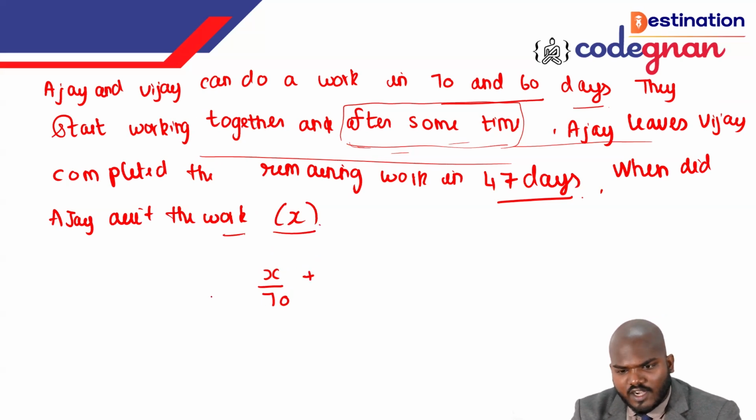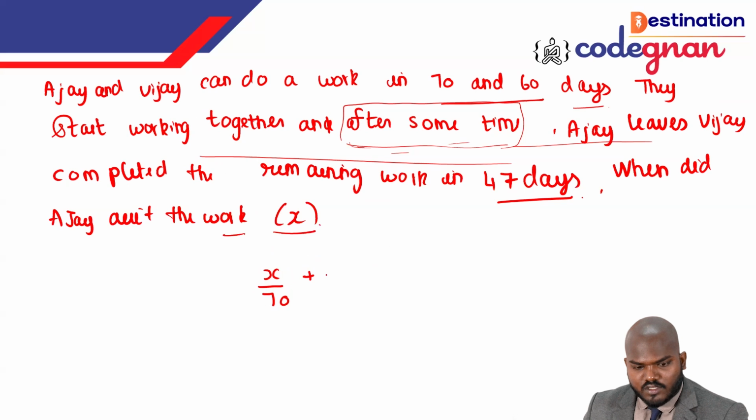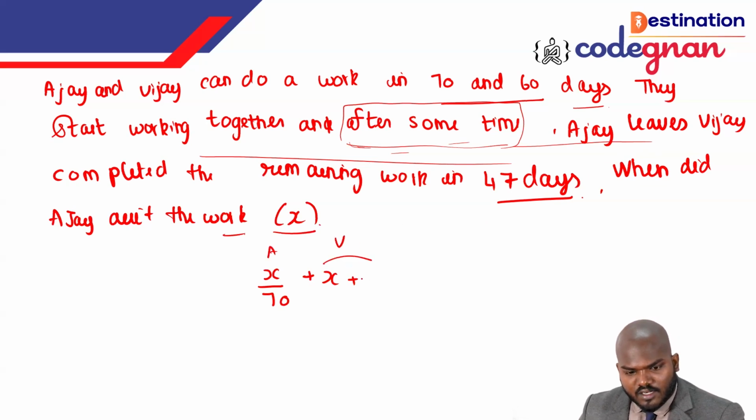And Vijay does it in 60 days. They started working together, and after some days Ajay leaves, so Vijay completes the remaining work, that is 47 days.